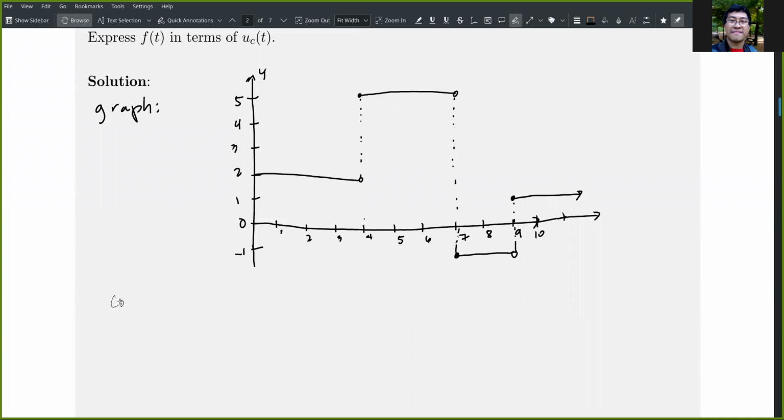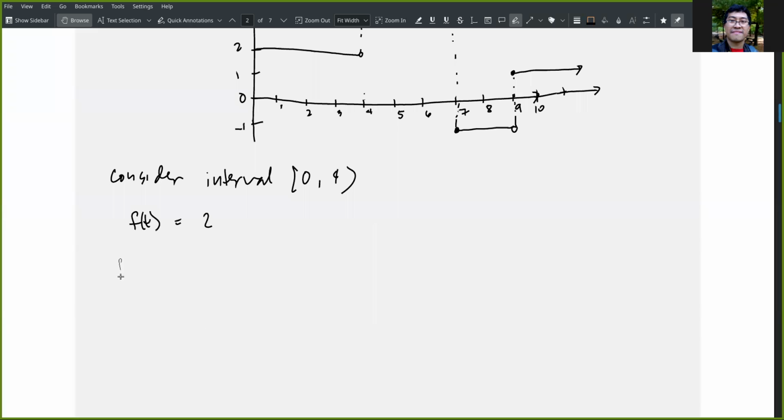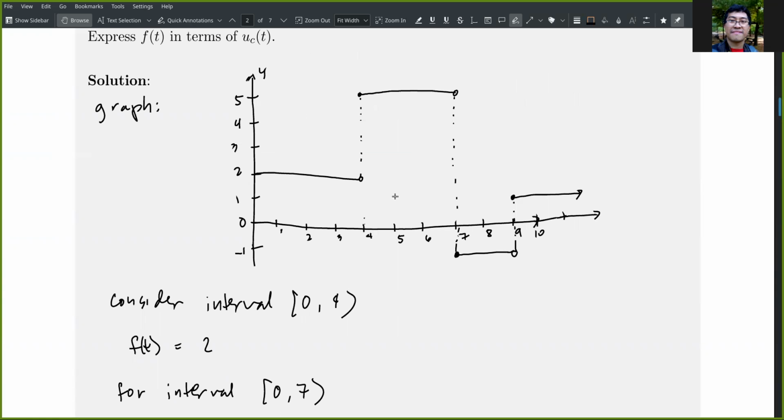If we consider only the interval 0 to 4, f(t) is simply equal to 2 here. But if we extend that for the interval 0 to 7, f(t) now, instead of just having 2, would jump up 3 steps.